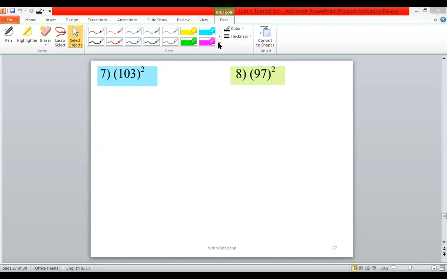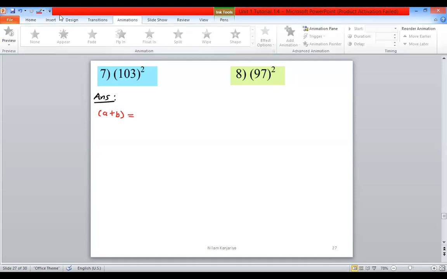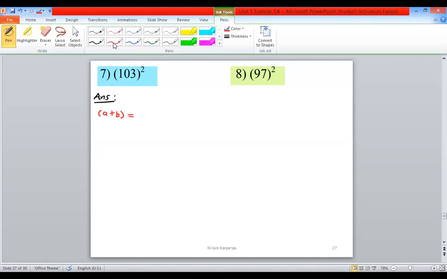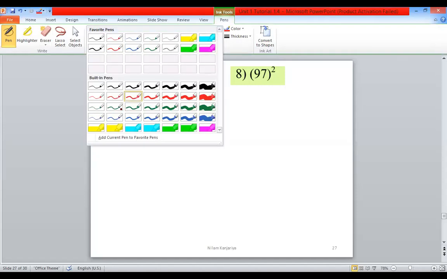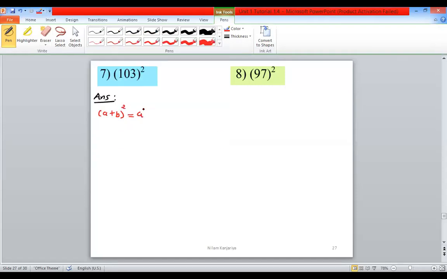So we have, you all know such identities. I'm starting question number 7. Now you know (a plus b) whole square gives you a square plus 2ab plus b square.